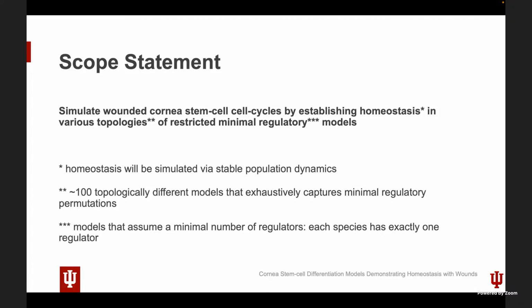So if you have 3 species, for instance, each species has only one regulator. And in fact, they showed that in order to stabilize under the conditions of these minimal regulators, each species has exactly one regulator.